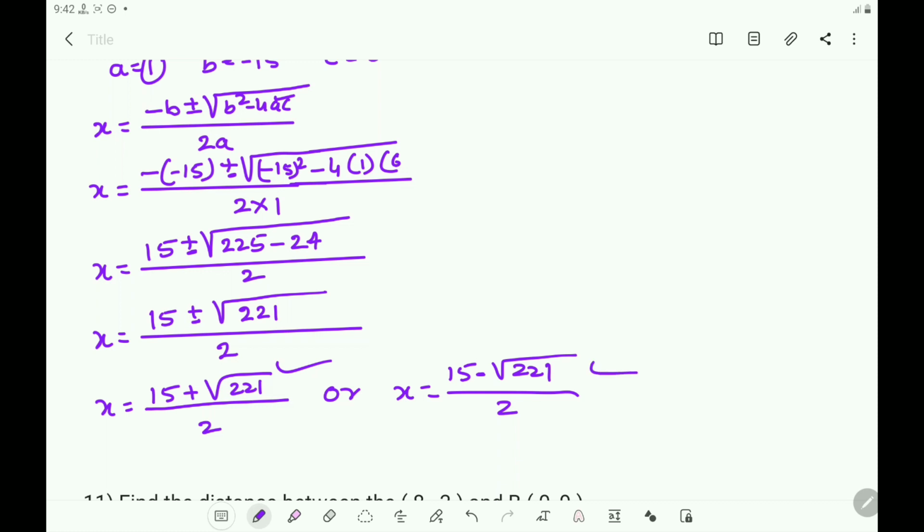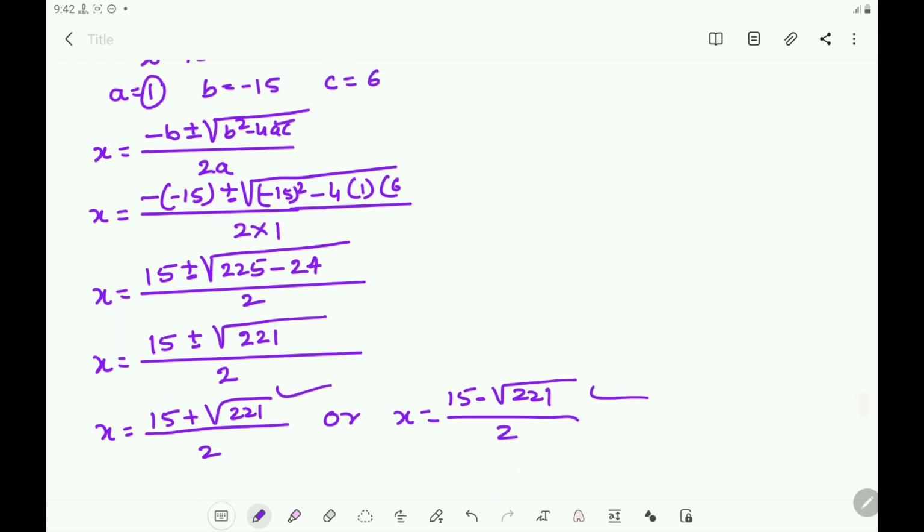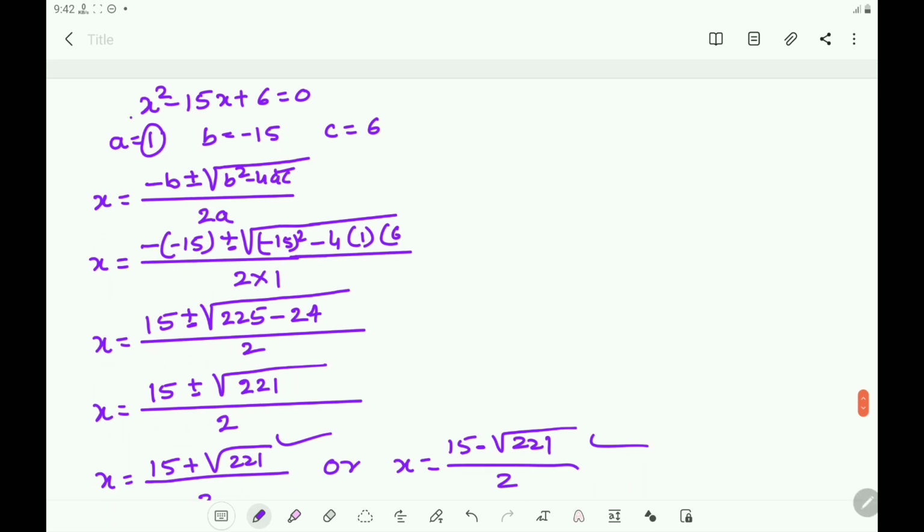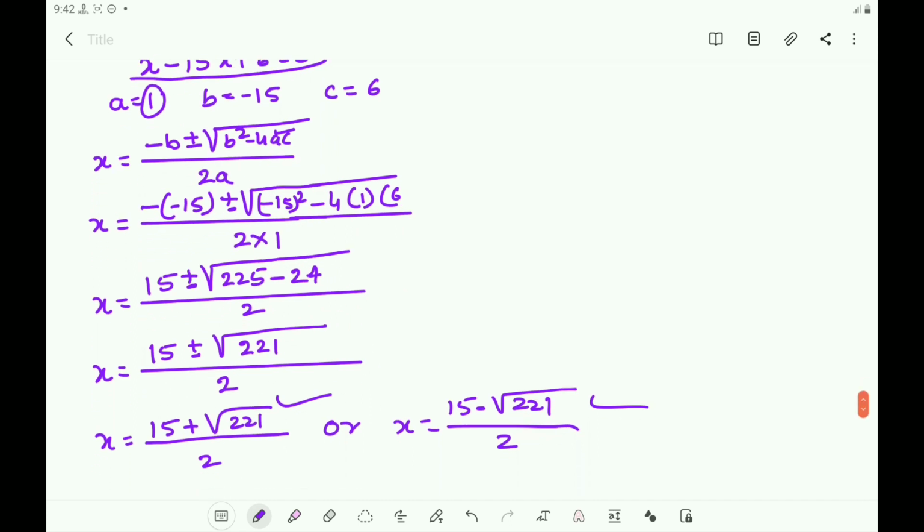These two are the roots. Here the given quadratic equation is x square minus 15x plus 6. First you write the values of a, b and c, then you write the formula and substitute and you calculate.